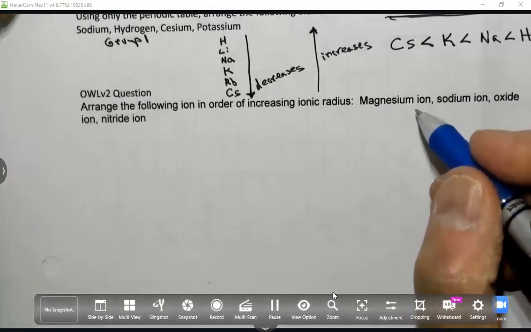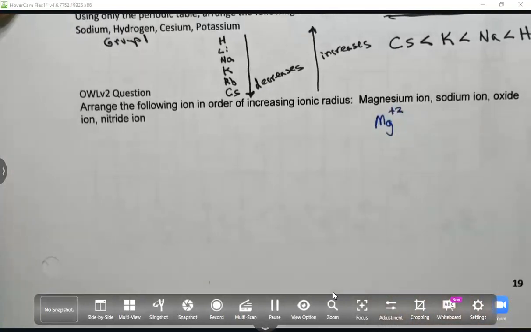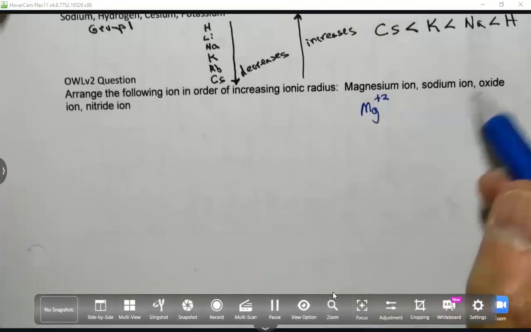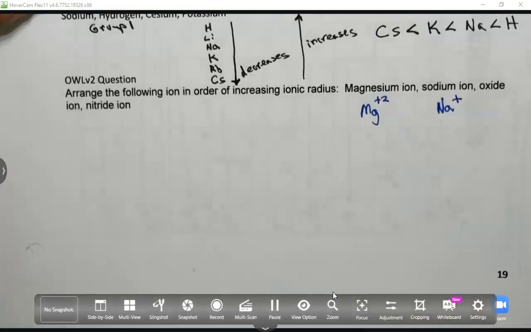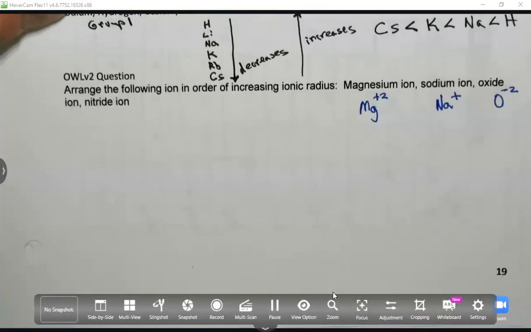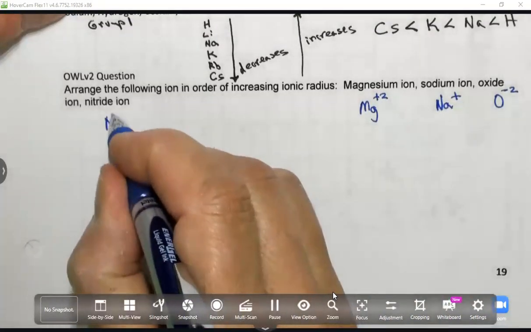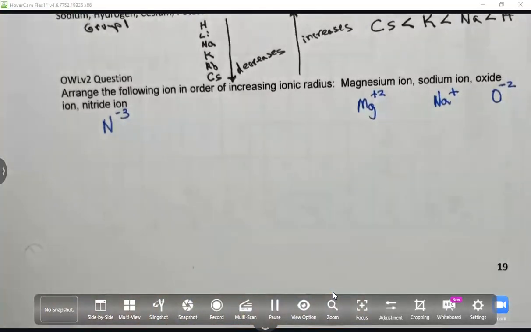It would be Mg plus 2, the sodium ion, Na plus, the oxide ion would be O negative 2, and the nitride ion would be N negative 3.